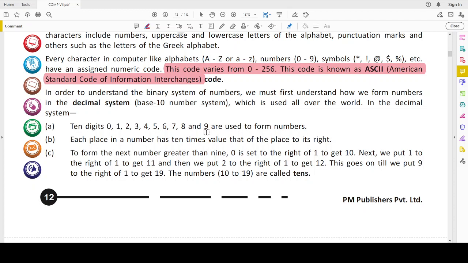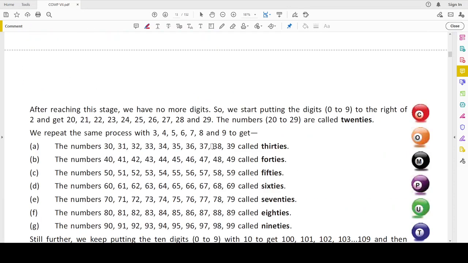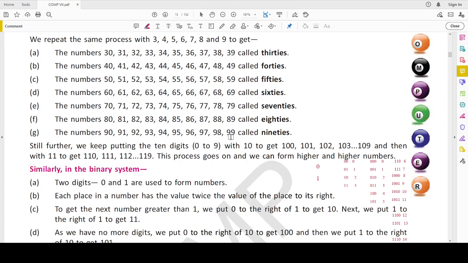That is, we will get 20. Then again, the next numbers will be 21, 22, 23, 24, 25, 26, 27, 28, 29. Again, to get more numbers, it will be 30, 31. In this way, we will go on generating numbers like 30s, 40s, 50s till we reach 99.